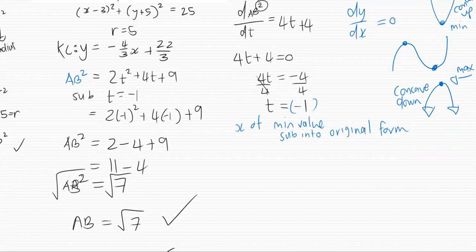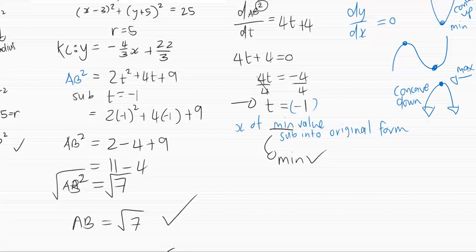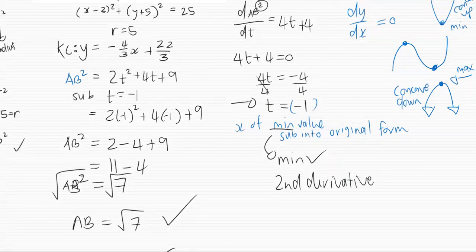We'll just come back to this min value. Because there was only one t value, we can assume that it's the min. It's definitely the min. If there had been 2 t values, then we'd have to do the second derivative test, which we won't talk about in this video, but just remember that if there's more than one t value, you can't assume that it's the minimum. It might be max.